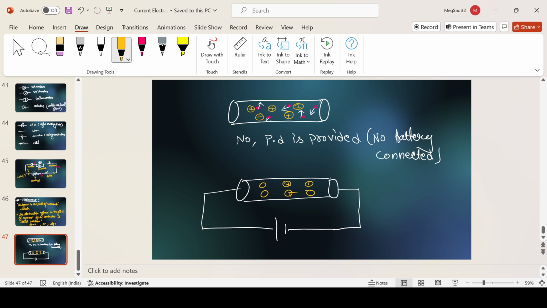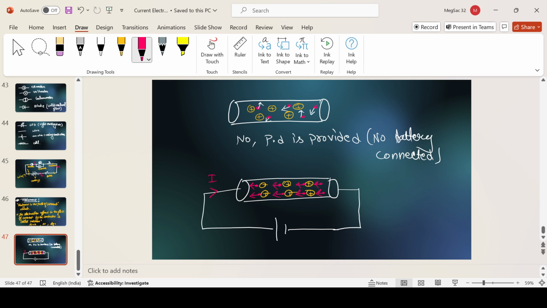The positive is already aligned because it's not moving, but now these electrons, because of the electric field, will start to align themselves in a proper direction. The current is moving in this direction, so the positive is going in one direction, but the electrons are opposite to it, so electrons will start to move towards the positive terminal of the battery. Okay, clear?